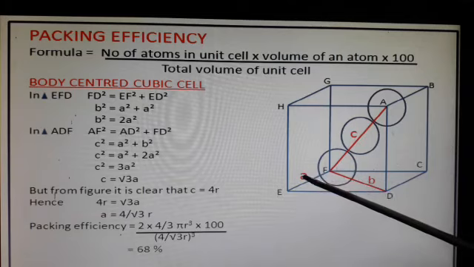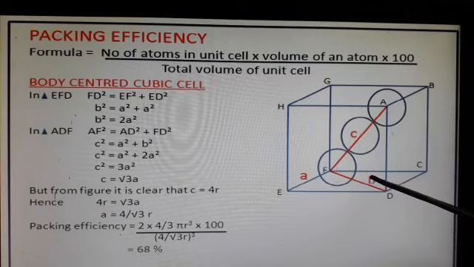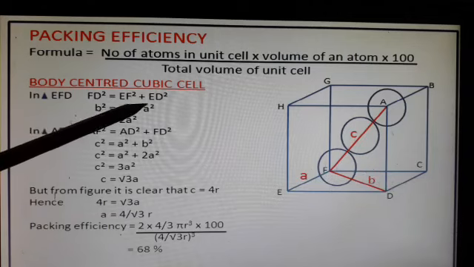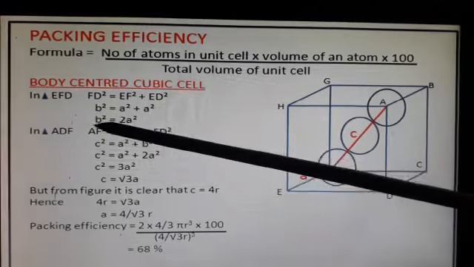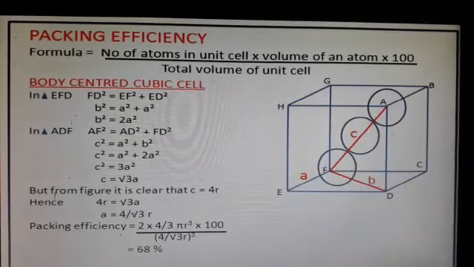A square plus A square is equal to B square. Here, this is the formula. B square is equal to A square plus A square. Then B square is equal to 2A square.